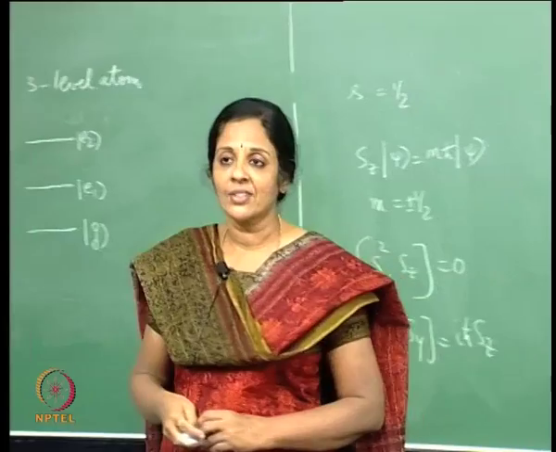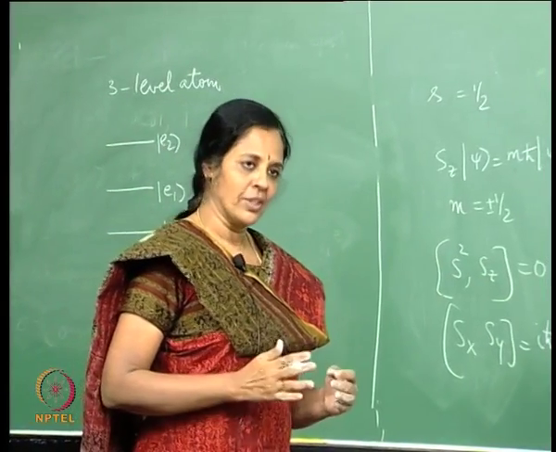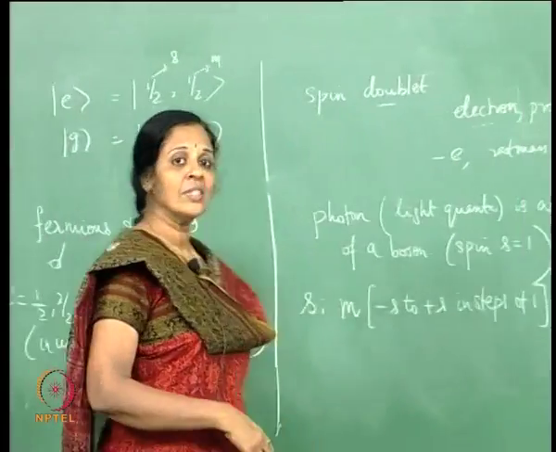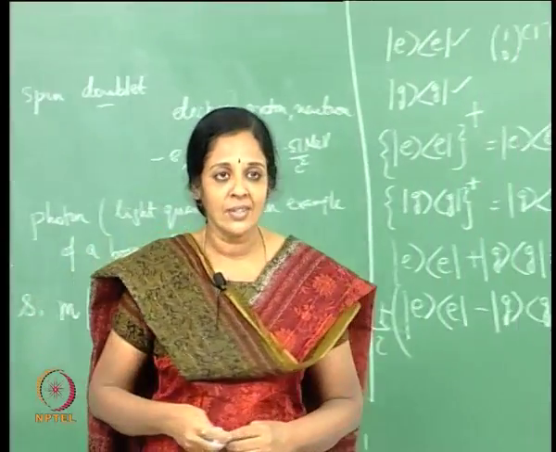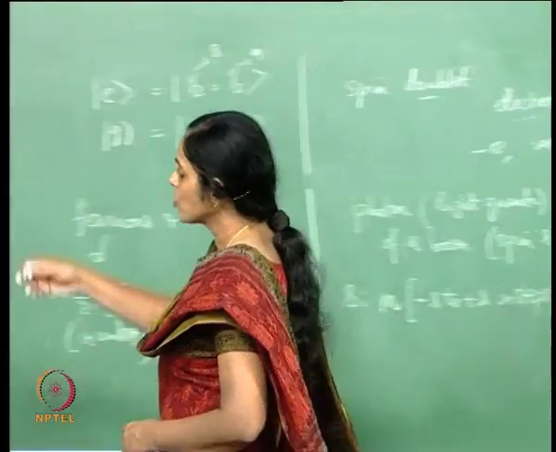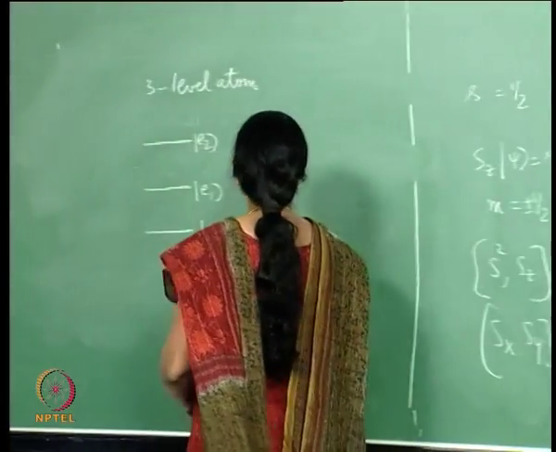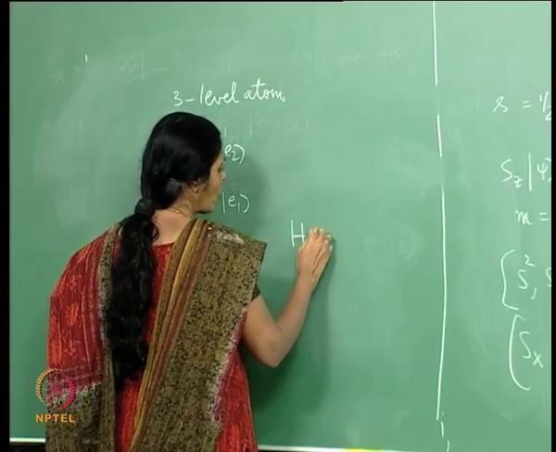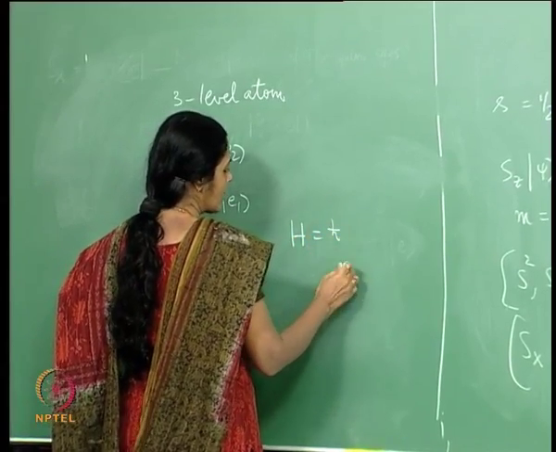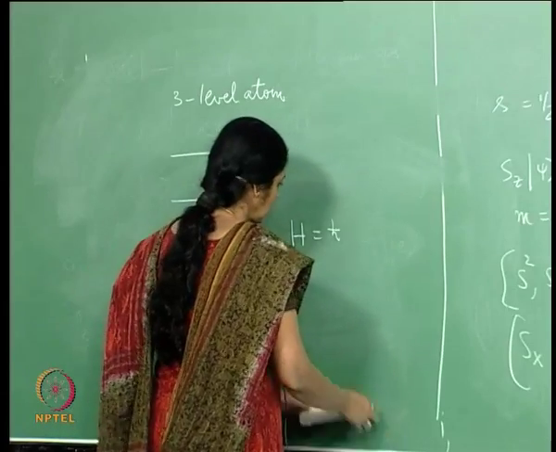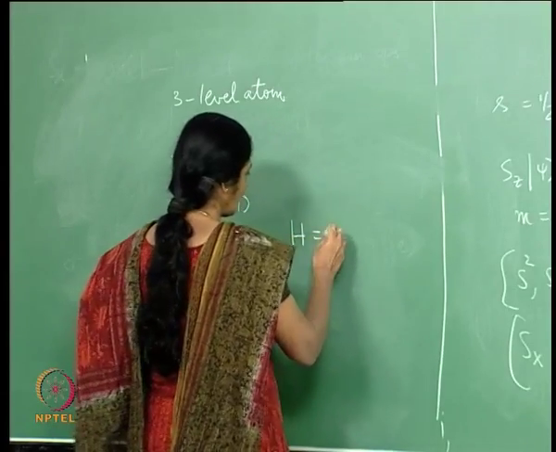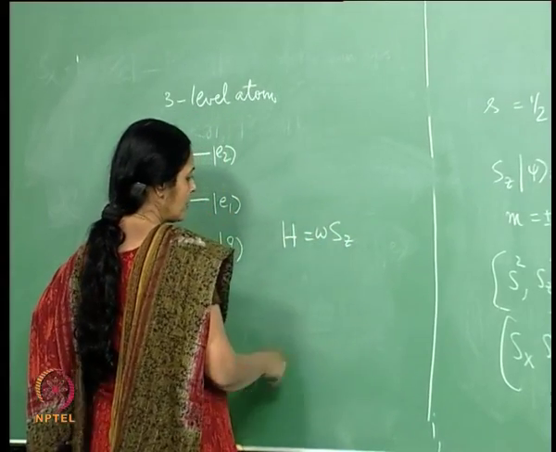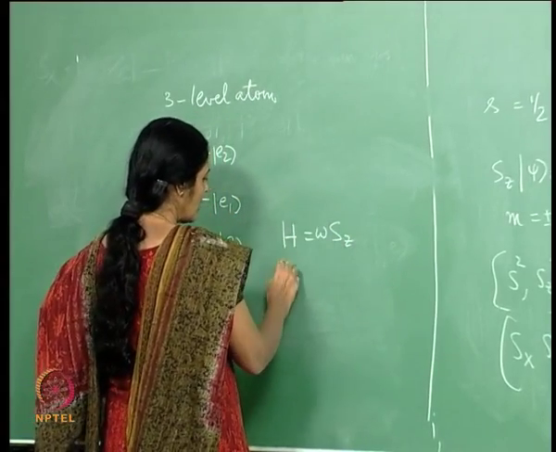The fact of the matter is that the Hamiltonian or the energy operator in this problem can be written in terms of Sz, as also in this problem. Look at it this way. Suppose I wrote the Hamiltonian as omega Sz, where omega is a suitable constant.